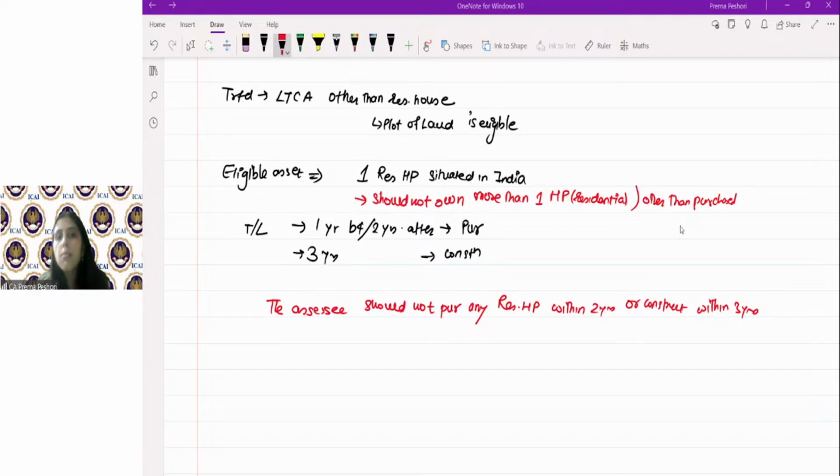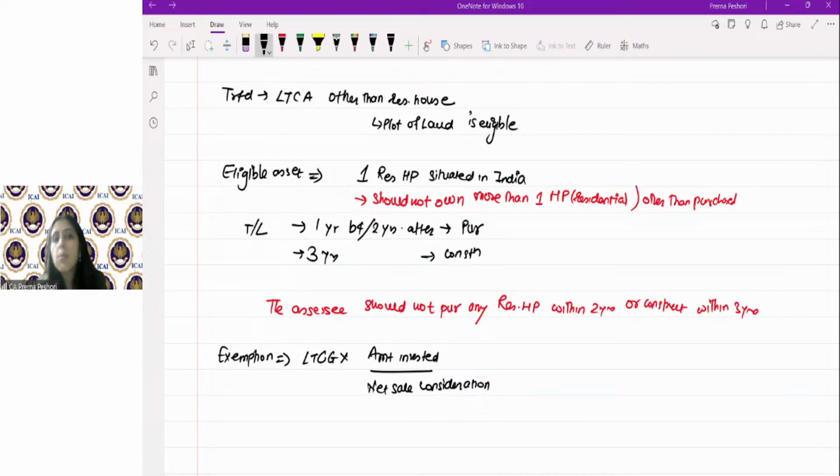And what is the exemption amount over here? Here, the exemption will be calculated in this way. It will be long-term capital gain into the amount invested, divided by the net sale consideration.